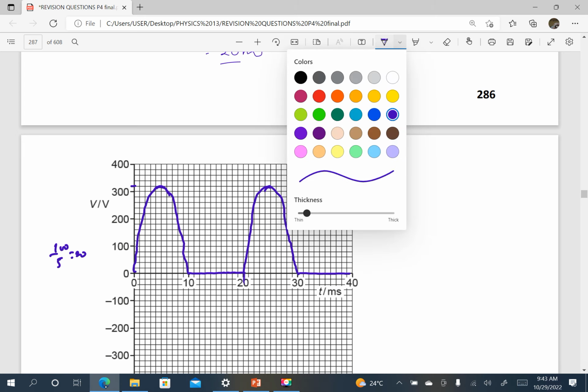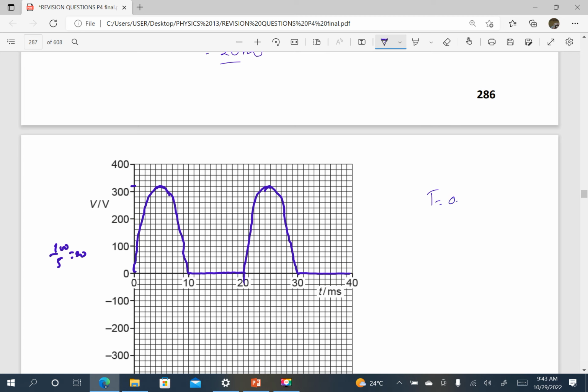Note that the period was 0.02 seconds, which is 20 milliseconds. And yet they gave us 40 milliseconds. Those are two cycles. This is sinusoidal, but we have eliminated the negative part of the cycles. We have only the positive part, peaking at 320 because they told us V naught was 320 from the equation.